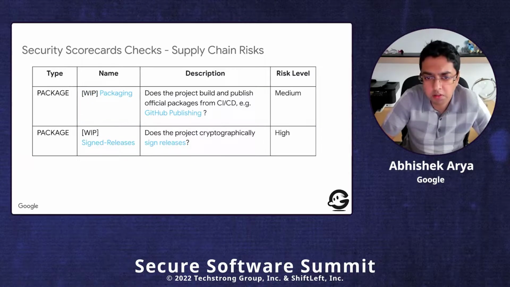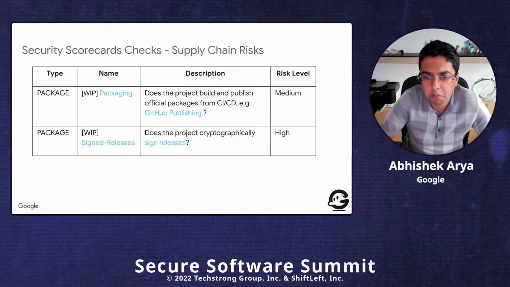The last kind of supply chain risks are at the packaging level. How do you ensure that the package you pull from, let's say, PyPI is not compromised? How can you ensure that the developer account is not compromised and you are not pulling in a malicious artifact that has been injected by an attacker in the package manager ecosystem?